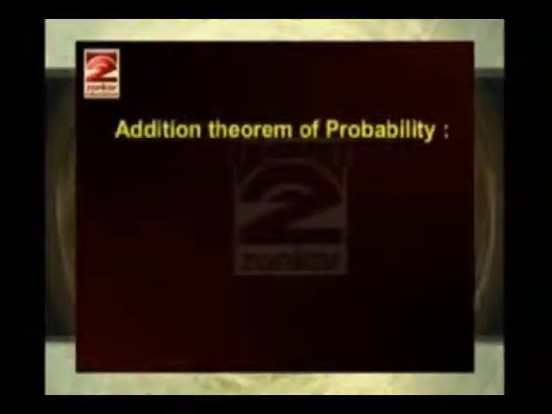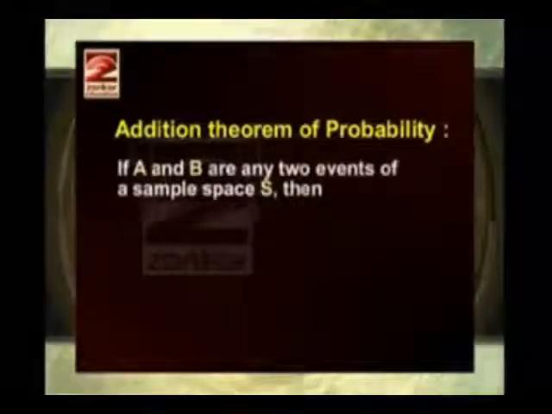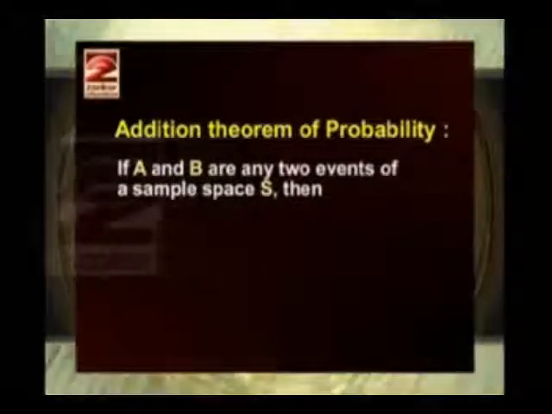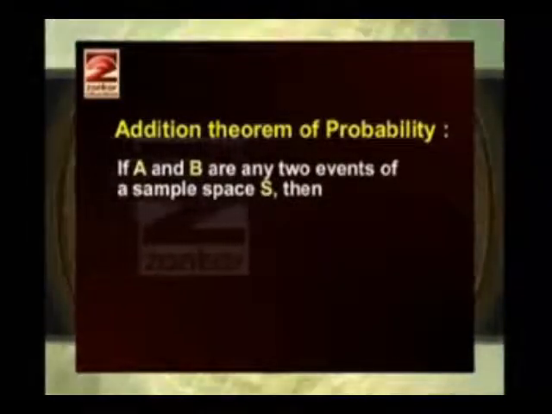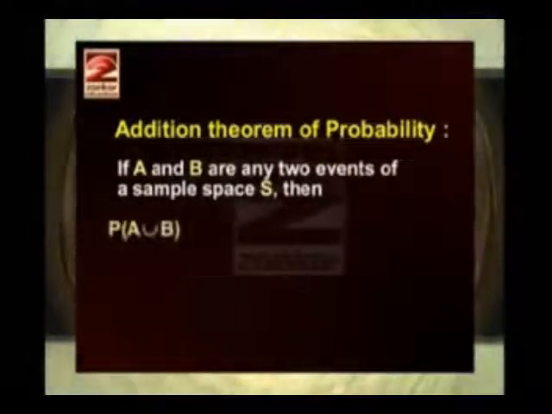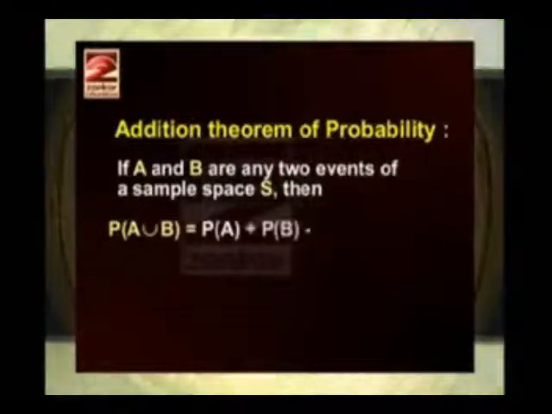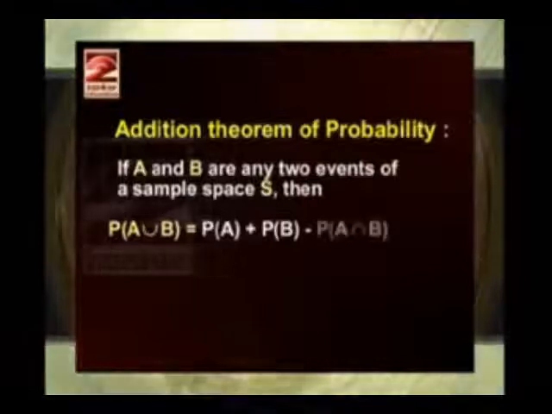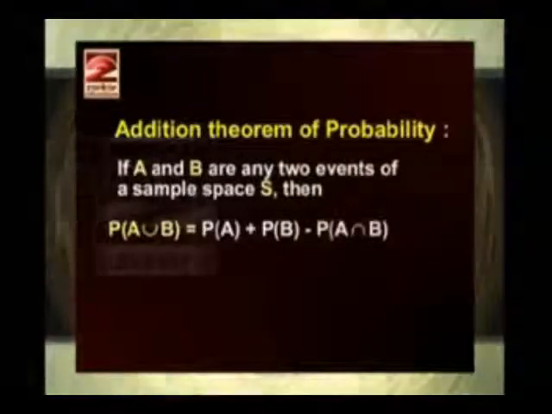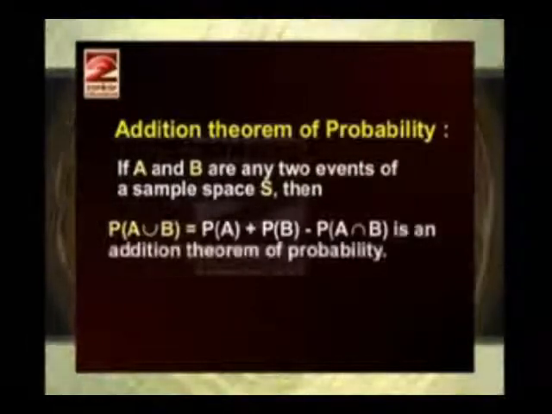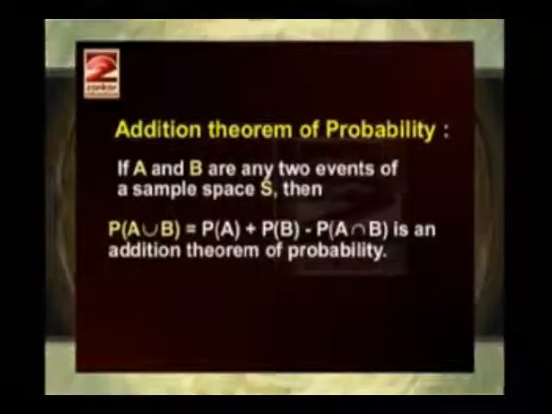Now we'll see about the addition theorem of probability. If A and B are any 2 events of a sample space S, then P(A union B) is equal to P(A) plus P(B) minus P(A intersection B). This is the addition theorem of probability.